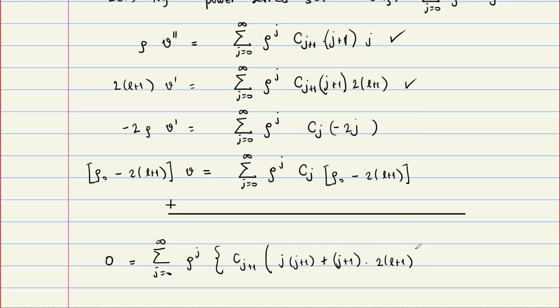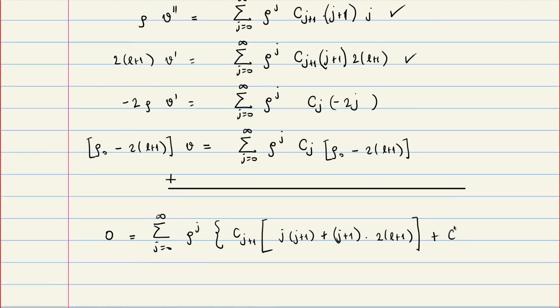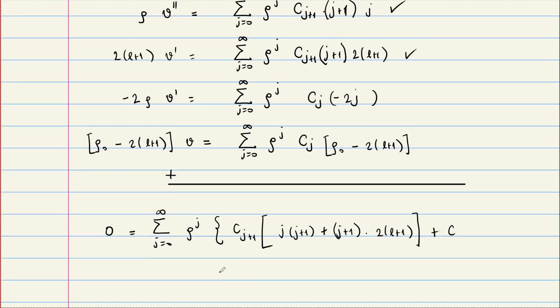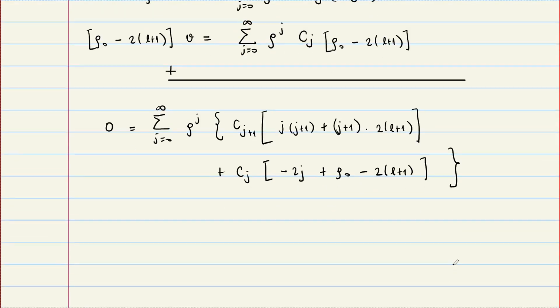Now I can close this bracket. Plus Cj, so this one is minus 2j, and this one is plus rho 0 minus 2l plus 1. Close and close. Good.